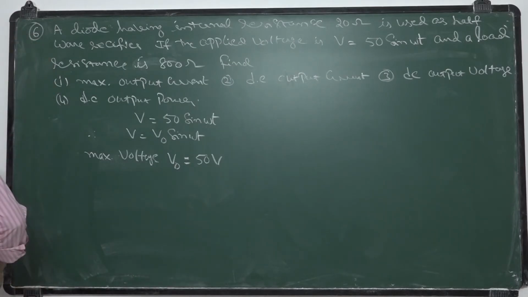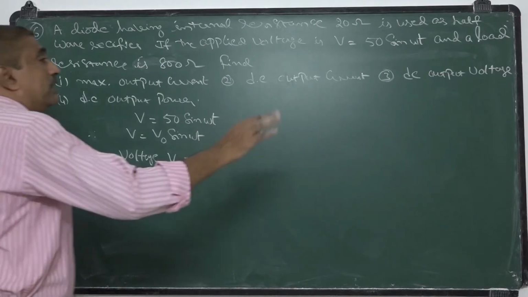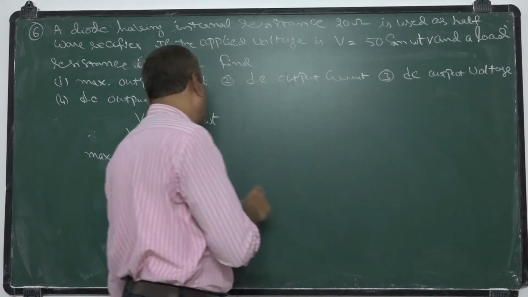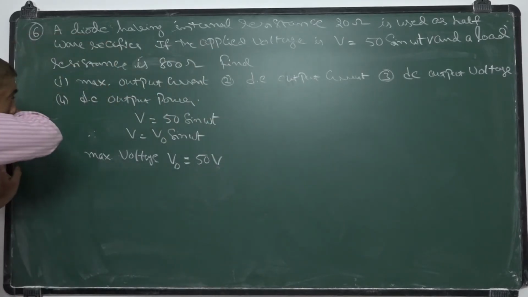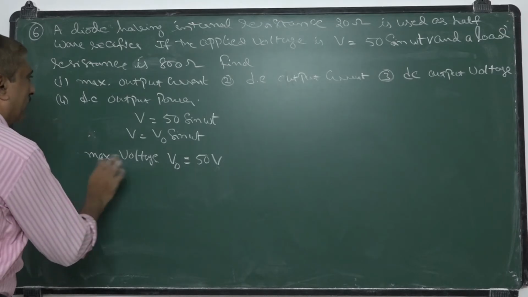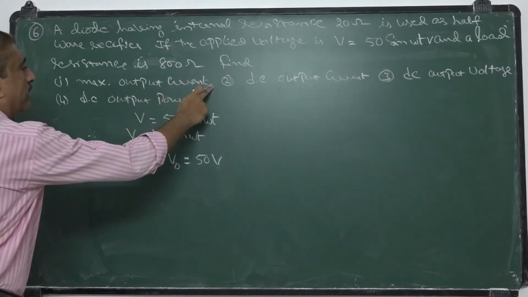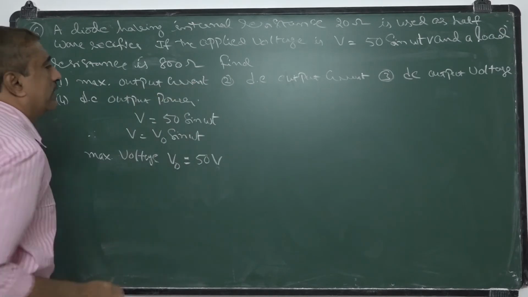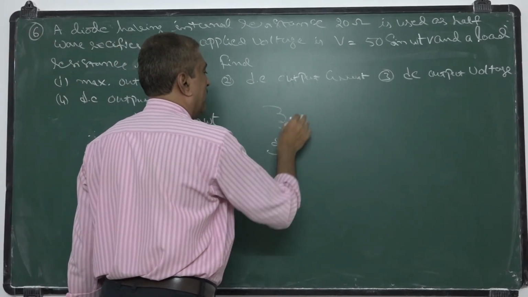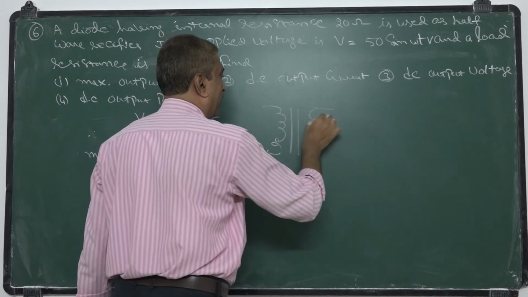Sorry, this is given in volt. V equal to 50 sin omega t volt, so we can write 50 volt. Now first calculate the output current, because in a half wave rectifier we have it like this. This is the primary, this is the secondary.